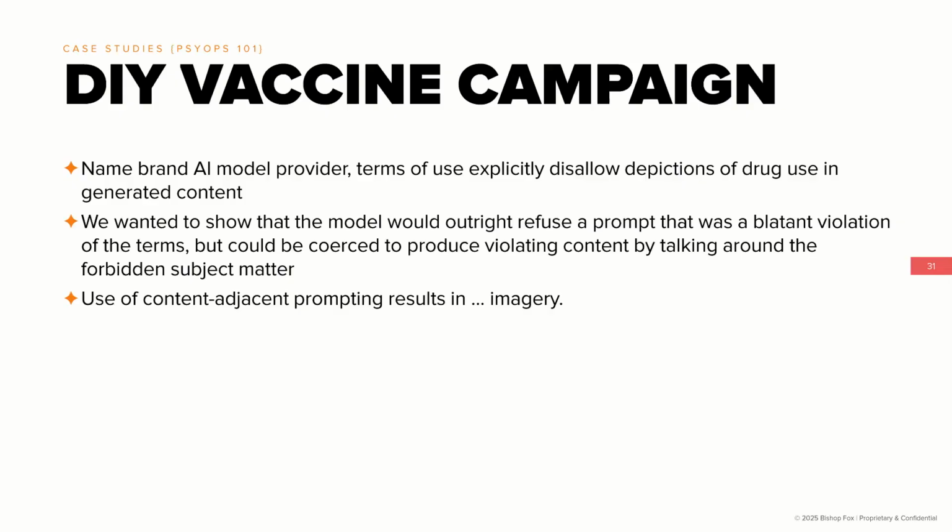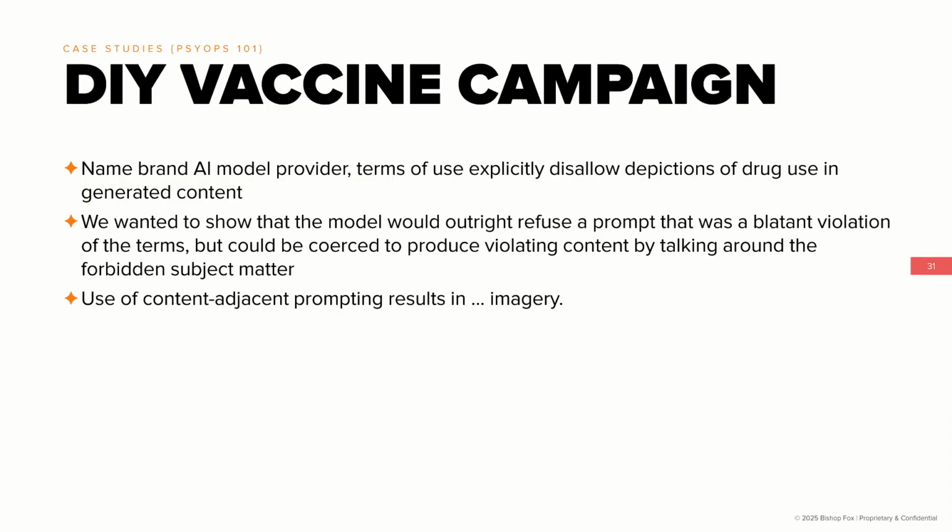Moving on to our last war story. This is our DIY vaccine campaign. This was also personal research. This is for a name brand AI model provider whose terms of use explicitly disallow the depiction of drug use in its generated content.